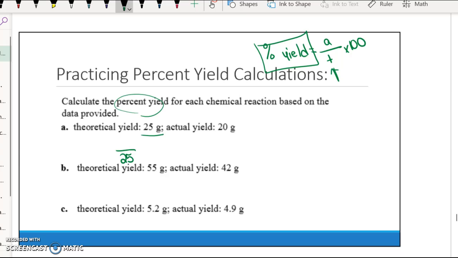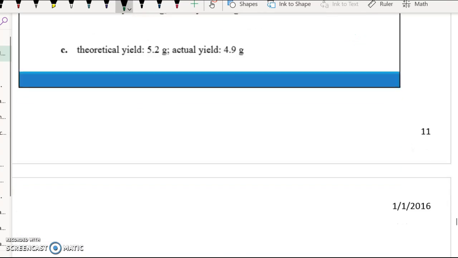So 25, and then the actual is 20, so that's going up top, times 100. And when you do that calculation, you get 80% as the percent yield. I'm not going to do B and C because it's just so straightforward, just plugging in.